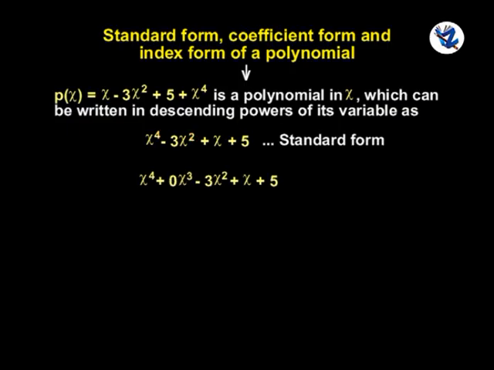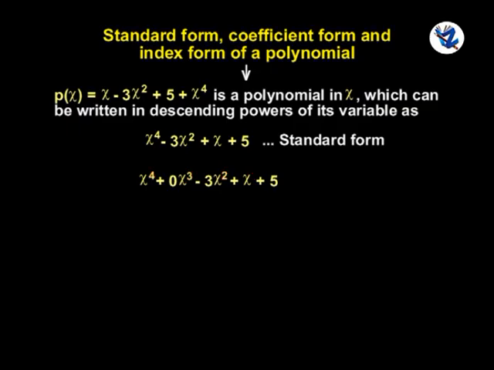But in this polynomial, there is no term having power 3 of the variable. We can write it as 0x raised to 3. It can be added to the polynomial and it can be rewritten as x raised to 4 plus 0x raised to 3 minus 3x square plus x plus 5.